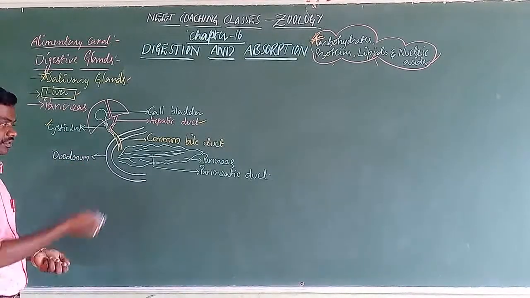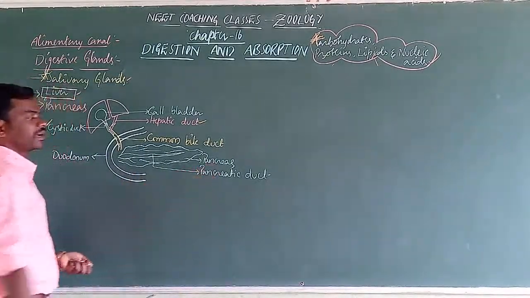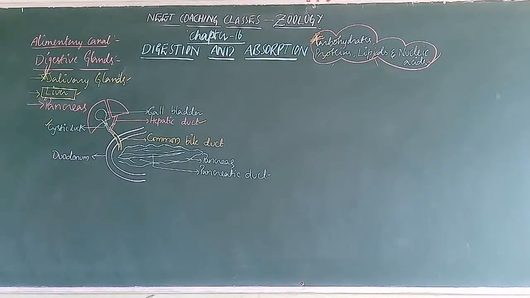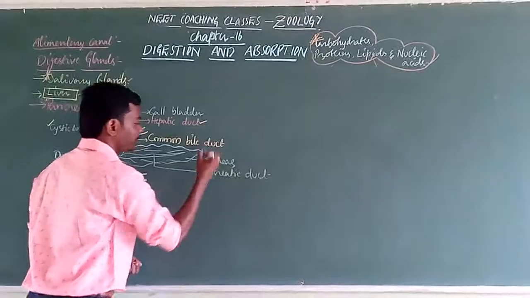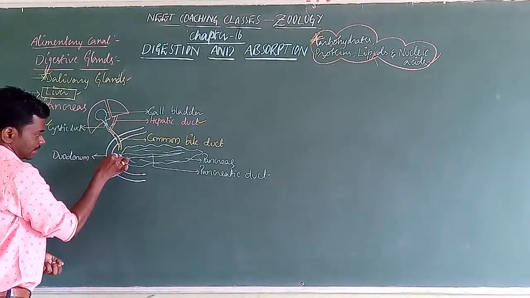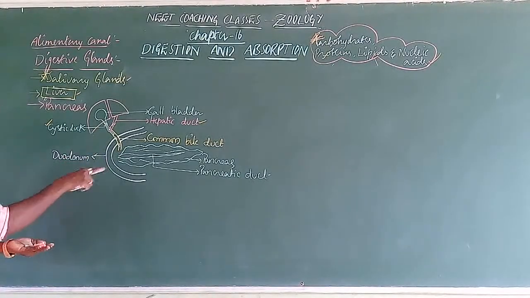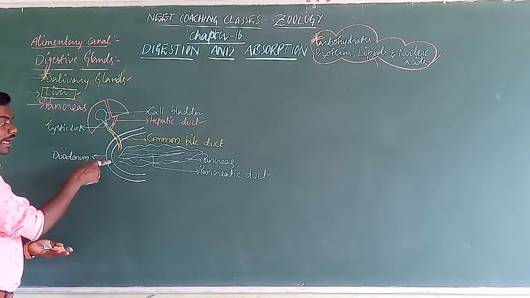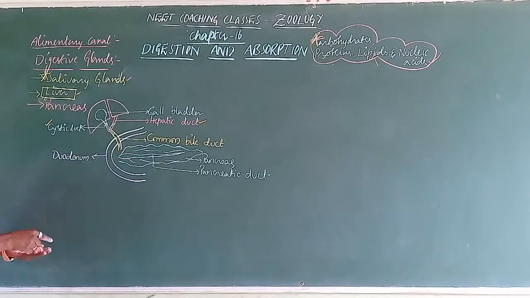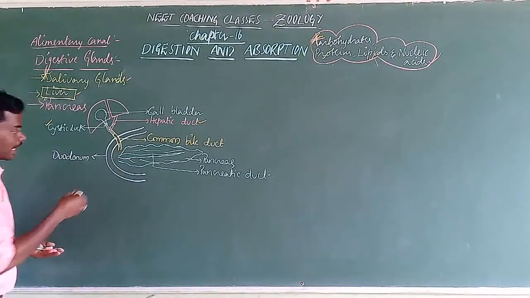Disaccharidases, lipase, protease, peptidase and others are produced by the pancreas, and all of these reach the alimentary canal with the help of the pancreatic duct.